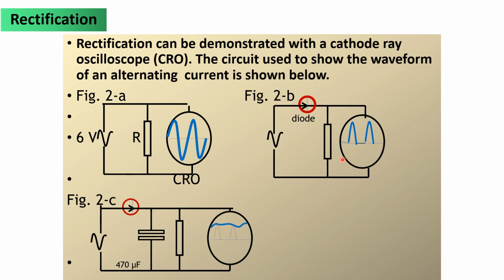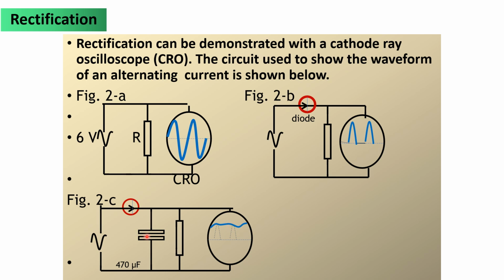Notice that there is a portion here that is of zero current or no current at all. Such current that is missing there during that time can now be provided by the capacitor. And the end result is a more steady current, direct current that is.